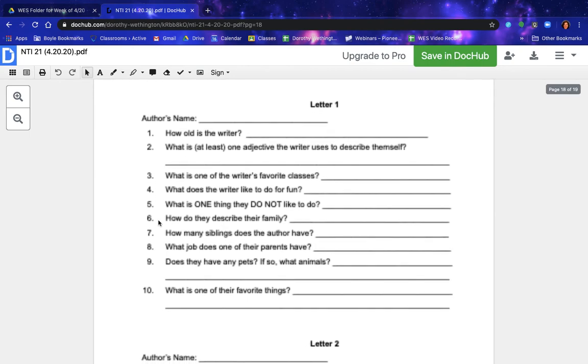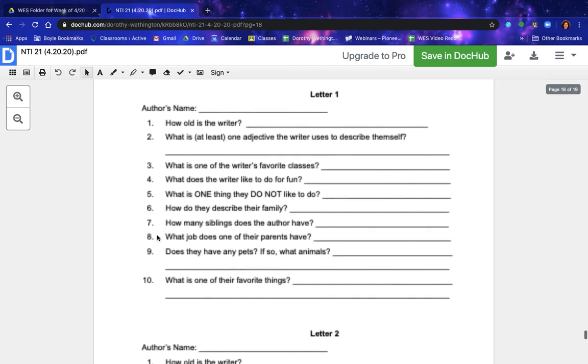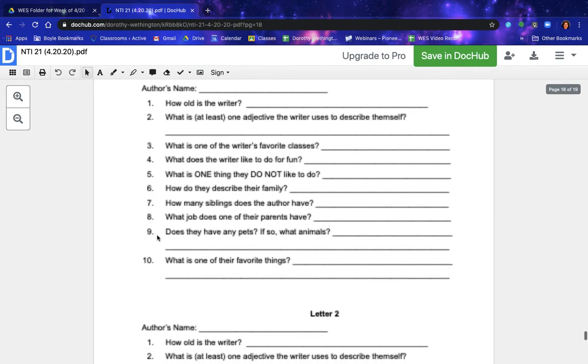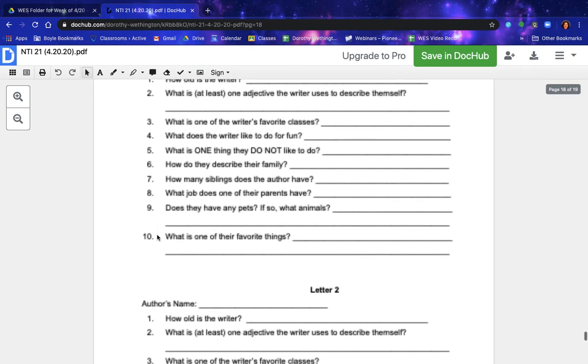Number 6. How do they describe their family? Number 7. How many siblings does the author have? Number 8. What job does one of their parents have? Number 9. Do they have any pets? If so, what animals? And number 10. What is one of their favorite things?